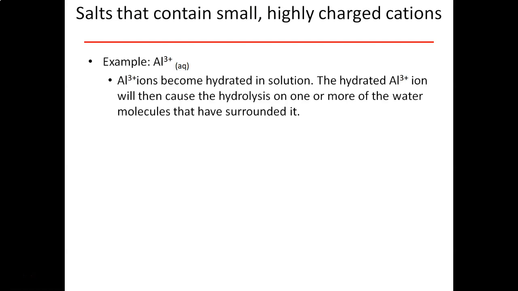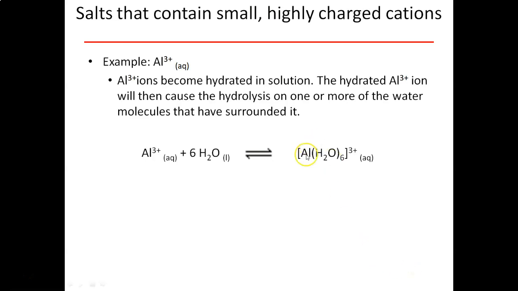So for example, we take aluminum. When aluminum chloride or aluminum nitrate or any soluble aluminum compound dissolves in water, I'm going to have aluminum ions floating around, and those aluminum ions are surrounded by water molecules. Generally the number of water molecules that surrounds an ion is double its charge.